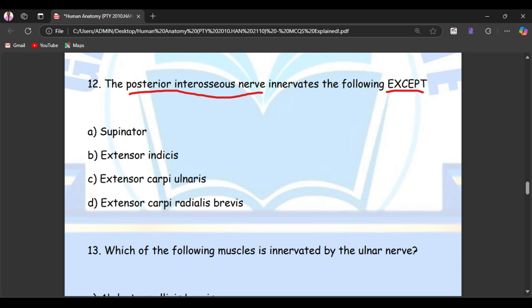On this question, it wants us to bring out the muscle that is not innervated by the posterior interosseous nerve.